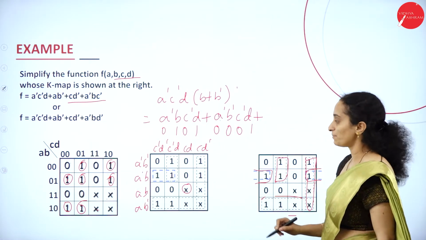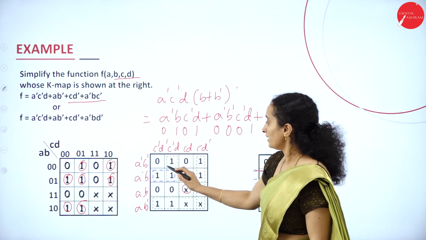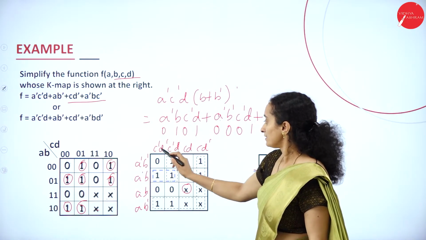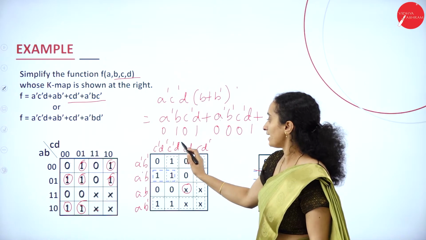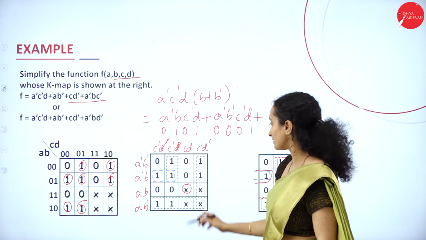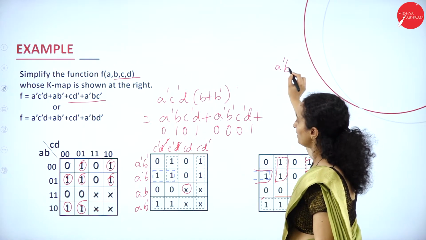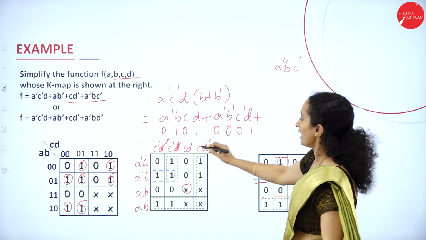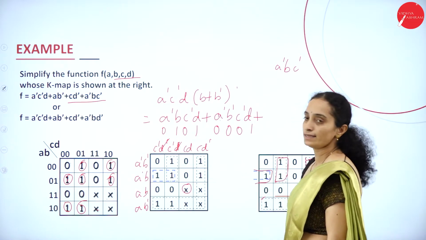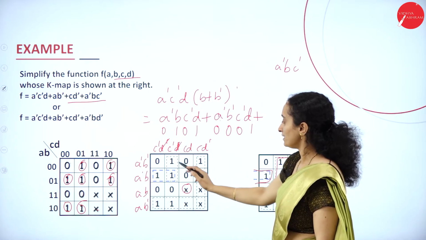So you can simplify it using here. C dash, D dash, C dash D, D and D dash will be cancelled. So this remains A dash, B, C dash. So you'll get A dash, B, C dash.